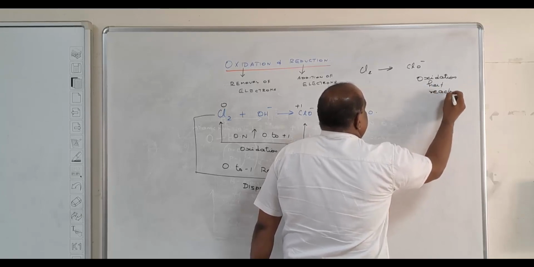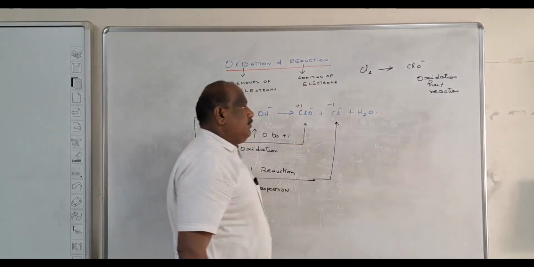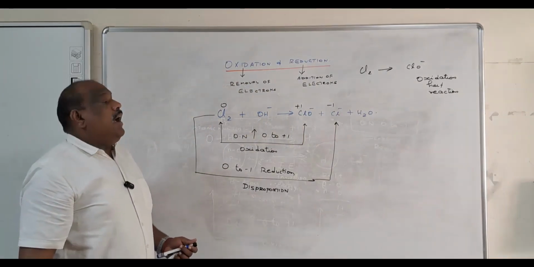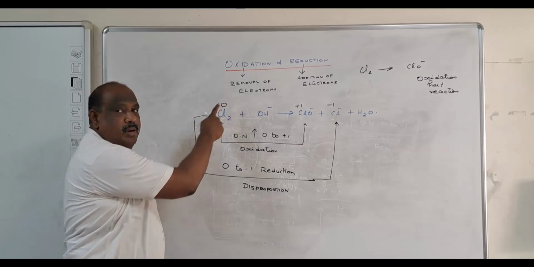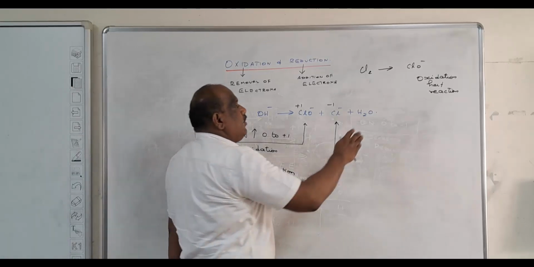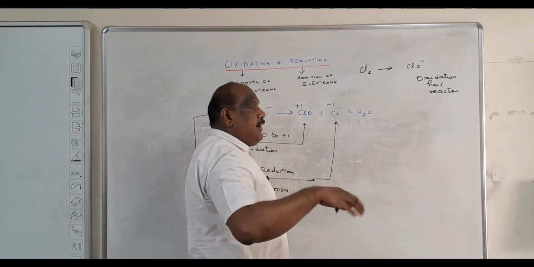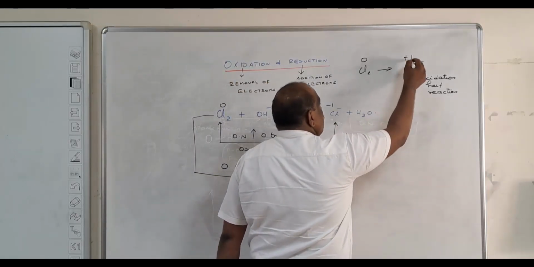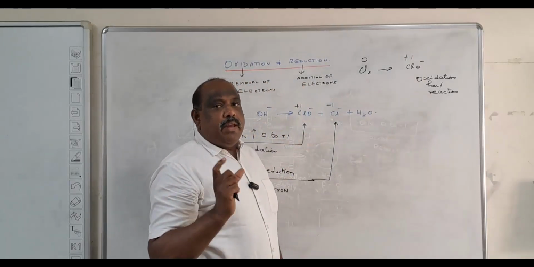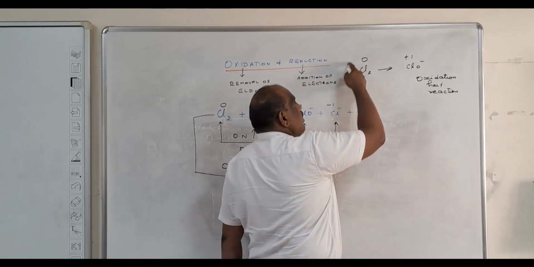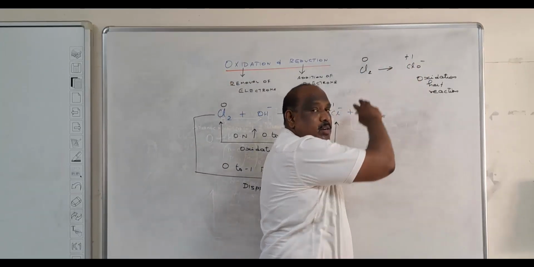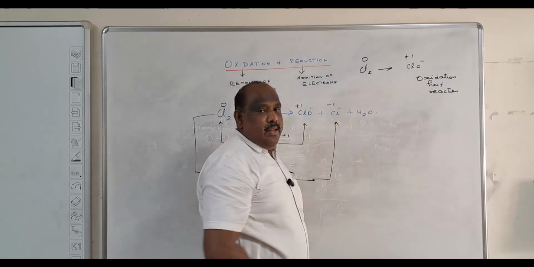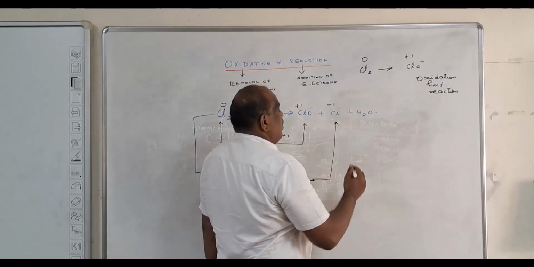Whether I have to add electrons or remove electrons: in case of oxidation, oxidation is nothing but removal of electrons. So here the oxidation state is 0, here the oxidation state is plus 1. Students, please make a note, here we are considering only the oxidation state of chlorine and not the entire ion. So don't say it is 0 to minus 1. We will say it is 0 to plus 1 only.